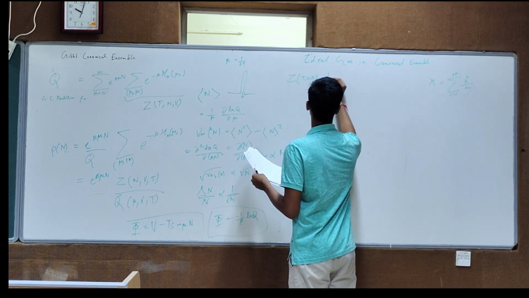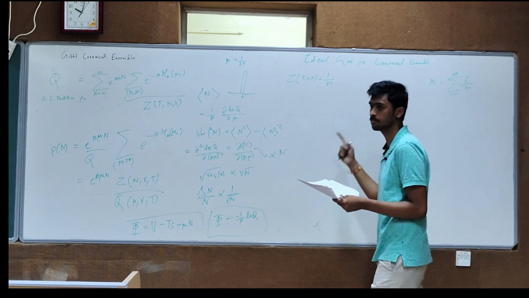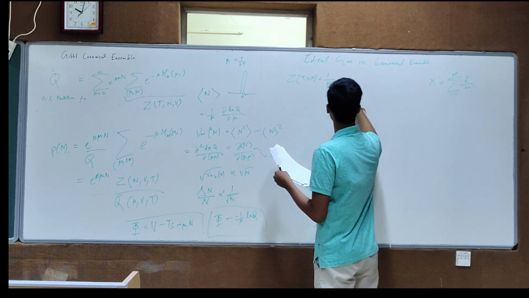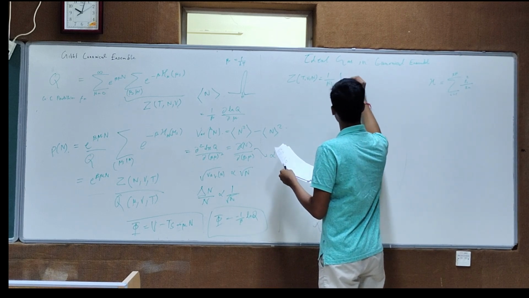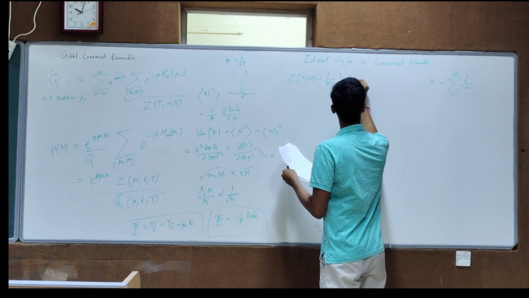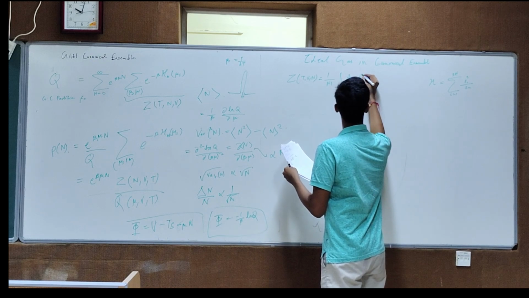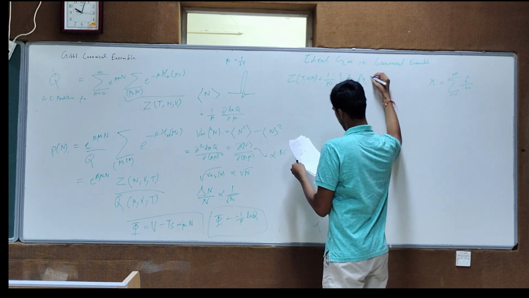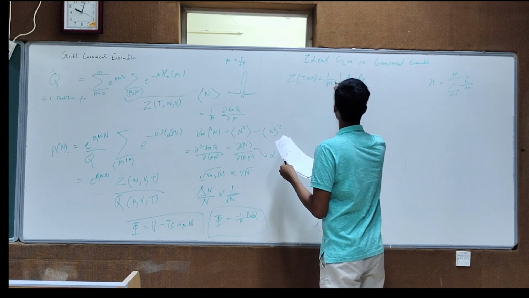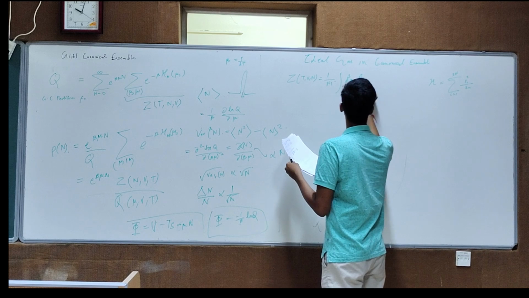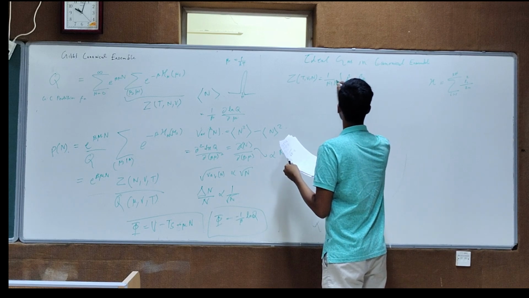So this would be 1 by n factorial due to the Gibbs counting, which I have told you before, and h to the power 3n.